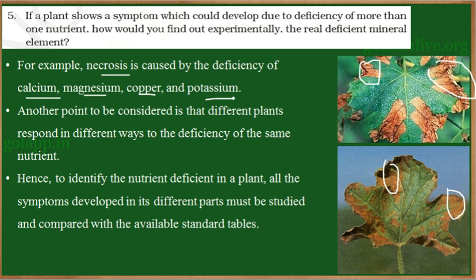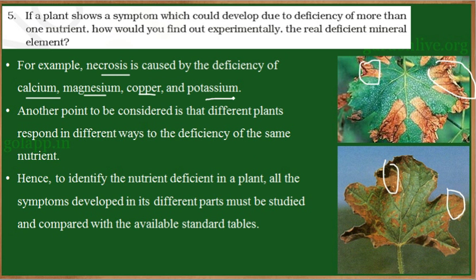Now, to understand this, we can perform an experiment. The experiment is very simple. We need to prepare a dilute solution of all possible deficient nutrients. Take a test tube and prepare the nutrient broth, but one of the nutrients should be missing in that solution.